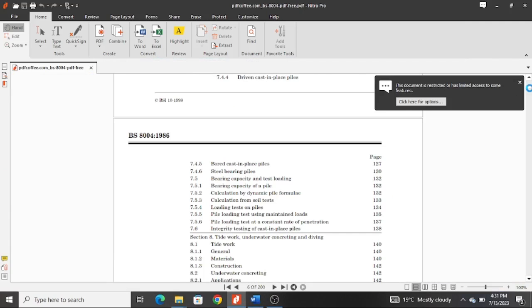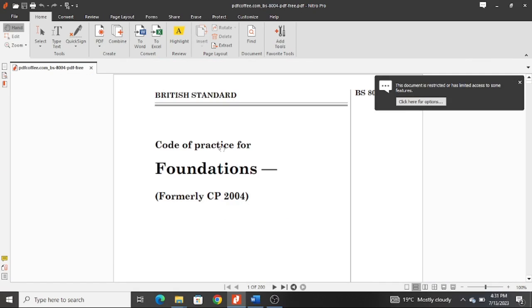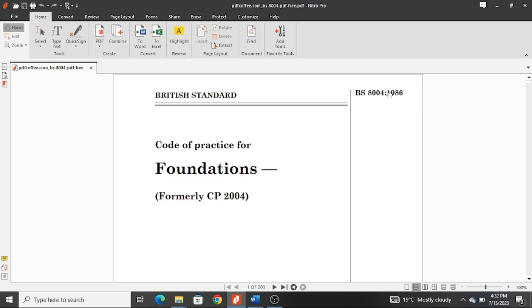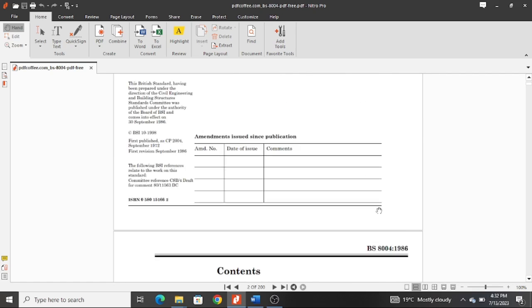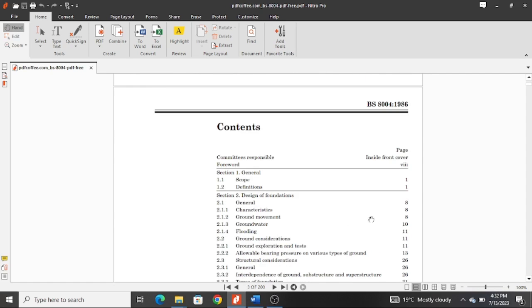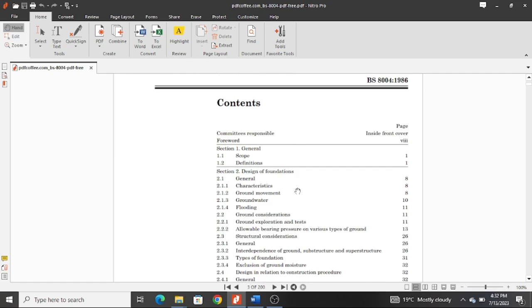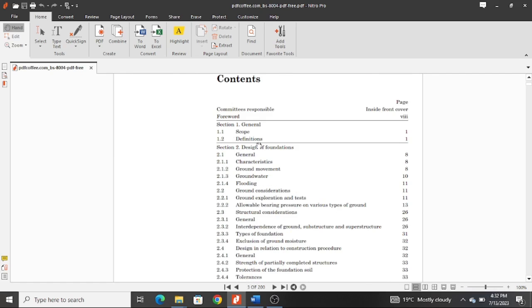Yes. You see, this is the code for foundation, and it was formerly CP 2004. And this code is code 8004 1986. This code is very good. You need to have its information so that it helps you when you're doing design. And then you see it has different sections.